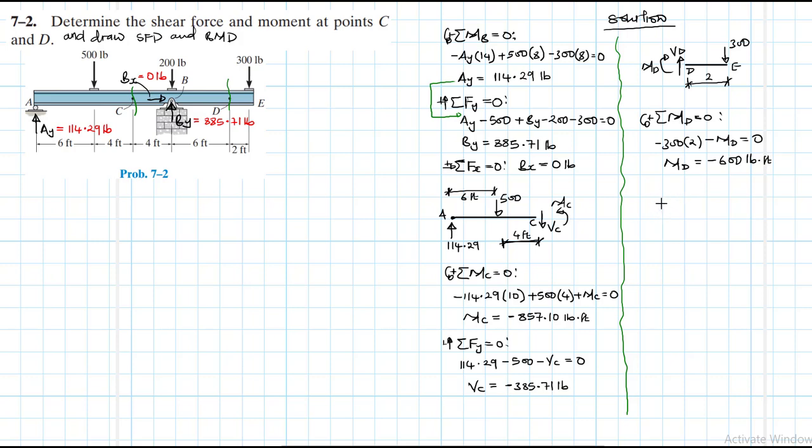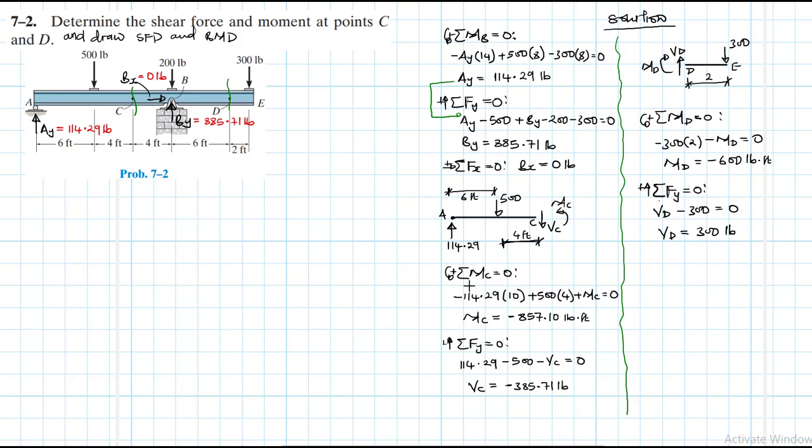And then we have summation of forces in the y direction, going up our reference positive. We have VD minus 300 equal to 0. Therefore, our VD is just going to be equal to 300 pounds.